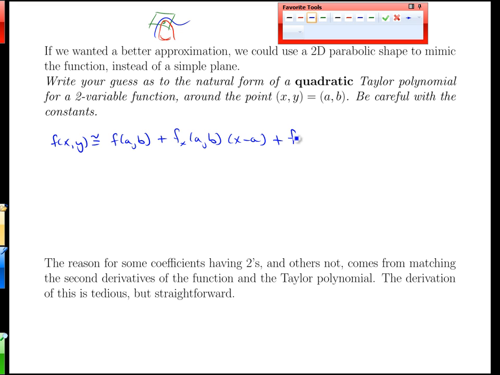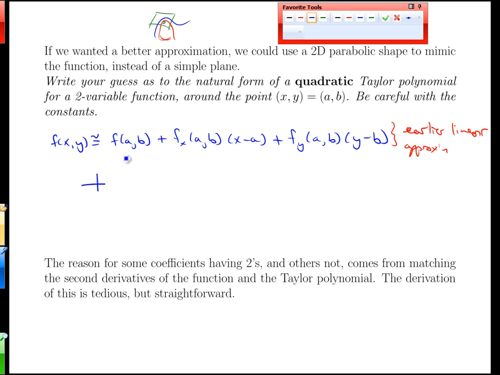So in fact, everything from the linear approximation makes it into this quadratic approximation. So that's our earlier linear approximation. And all we do is start adding to that. So we're going to add a bunch of stuff.